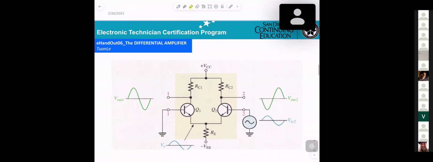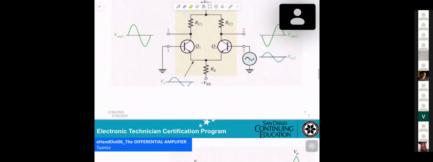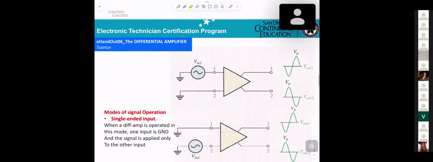Input, output will be in phase. That's the only thing they emphasize, to make sure you know that. This is just trying to reverse it.